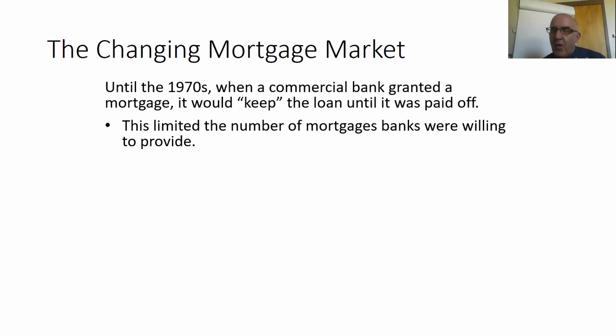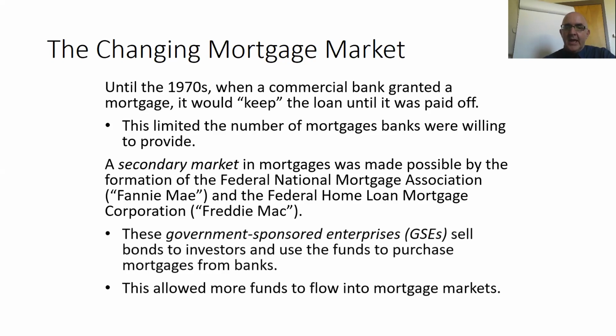And it was a small aspect of the market. Well, when I say small, it was very, very big in terms of the bank's role, but compared to what happened later, it was relatively small. So there was only so many mortgages that could be given out.